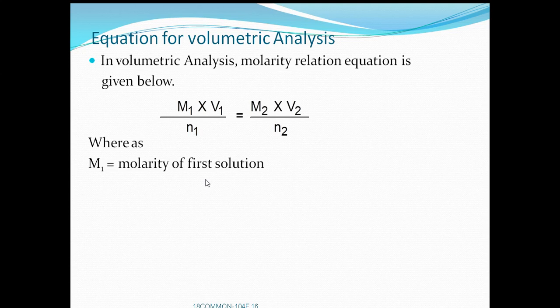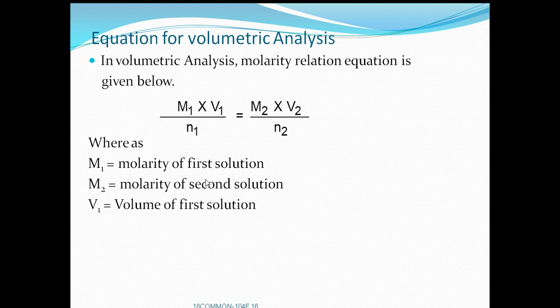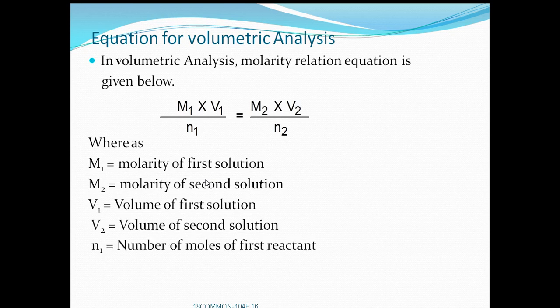Already we discussed what the M1 value, M2 value, V1 value, V2, n1, n2 are. It is very important for laboratory analysis also. Using this formula we can calculate the secondary standard solution concentration and also the volume. So it is a very important formula.